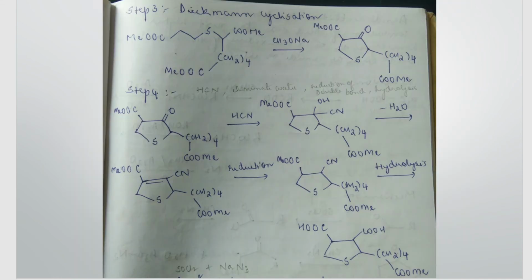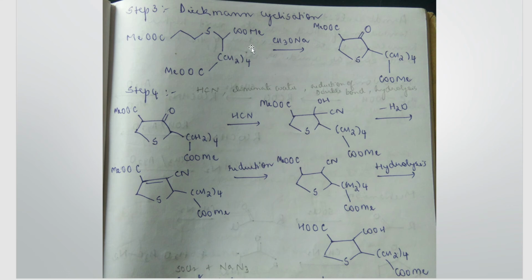Step number 3 is Dieckmann cyclization. You might have studied the Dieckmann cyclization reaction previously also. Here we are using sodium methoxide. In the Dieckmann cyclization reaction, cyclization, that is cyclic ring formation, takes place. Sulfur will become a part of that ring here.